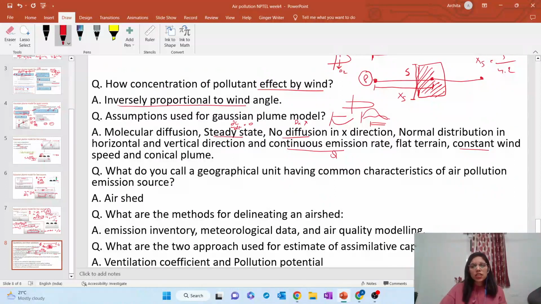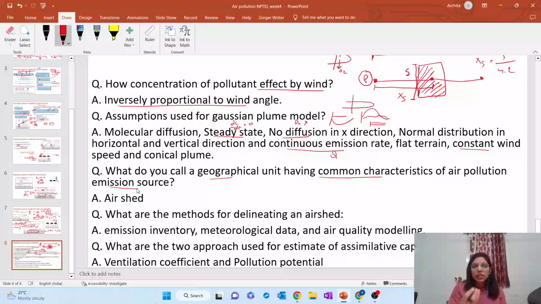Now, in the second last lecture we discussed the airshed. So there can be a question which is, what do you call a geographical unit which has common characteristics of air pollution emission source? Now the answer is airshed, but I will just explain.